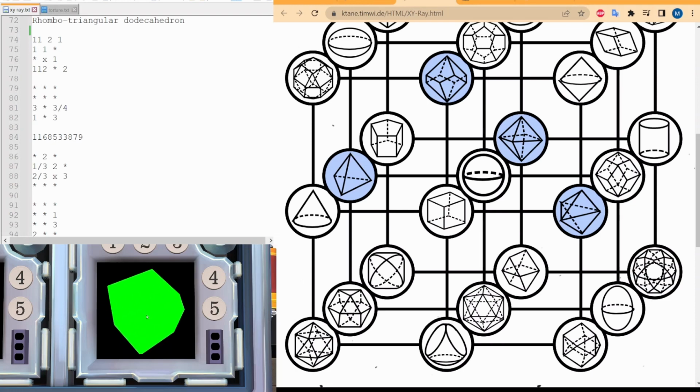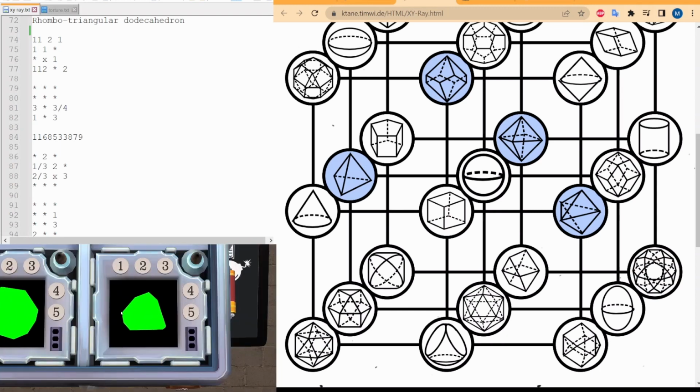So 1 when it appears, 2 and 3 when the top and left vertices were met. So 1, 2, 3, 4, 5, and 6, just like that. And you could also confirm that all of them were triangles, and the vertices had 4 connections.